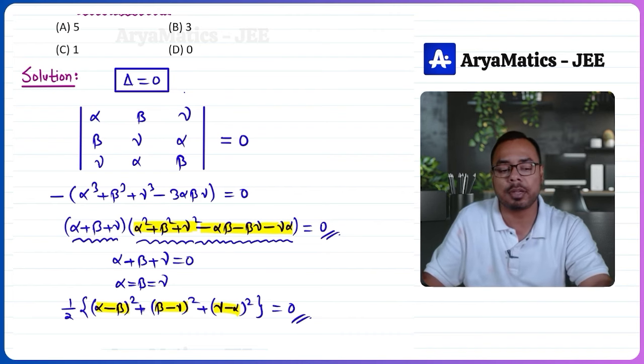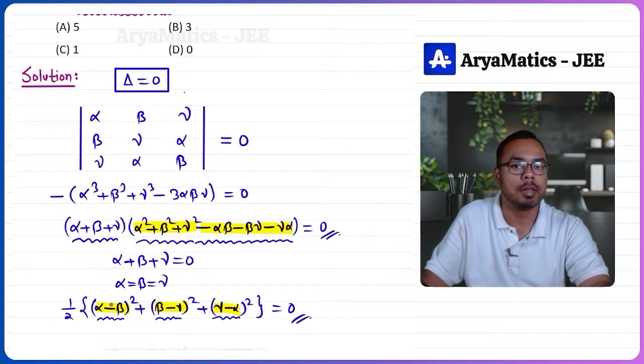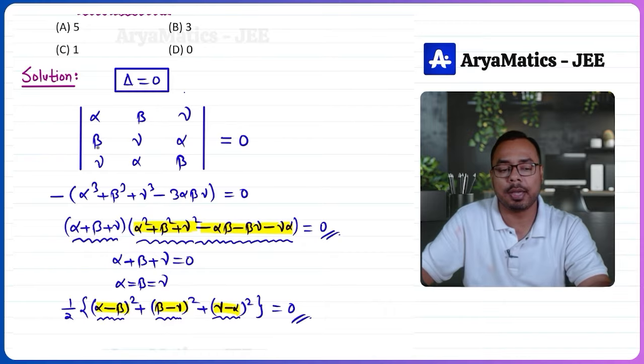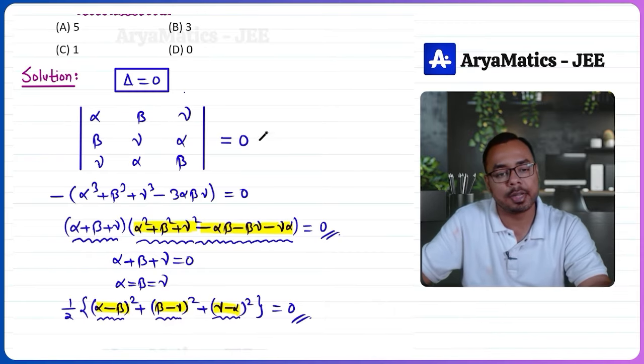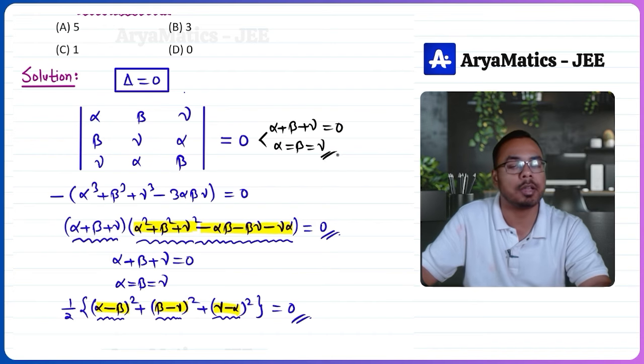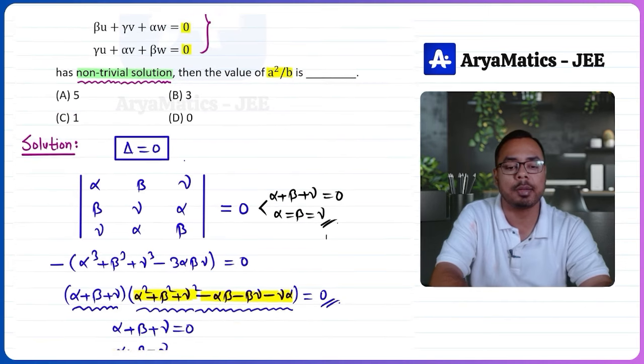They will be either positive or 0. And if their sum is 0, then each of these three terms must be individually 0, which means alpha and beta are equal and beta and gamma are equal, right? So you can remember this as a standard result: the cyclic determinant is 0 if alpha plus beta plus gamma is 0 or alpha, beta, gamma, all three variables are equal, right? This is one standard result that you can remember for a cyclic determinant.